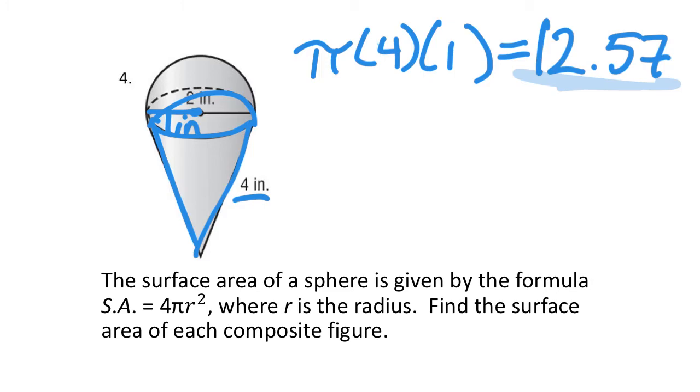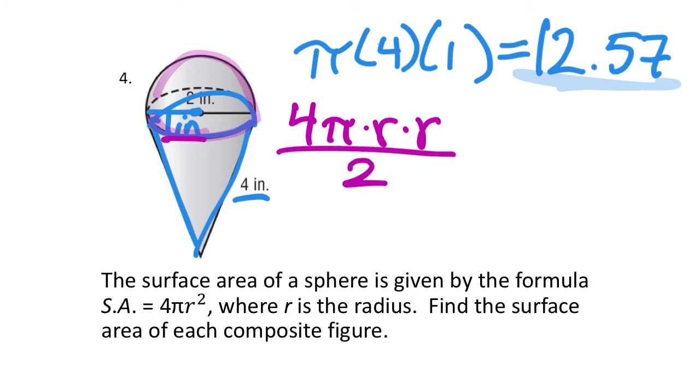Next up, we have this half sphere, this hemisphere right here. And again, we've shown the radius of 1 inch. So the surface area for a sphere is 4 times pi times radius squared. But we're looking at half of a sphere, so we're going to divide that by 2.